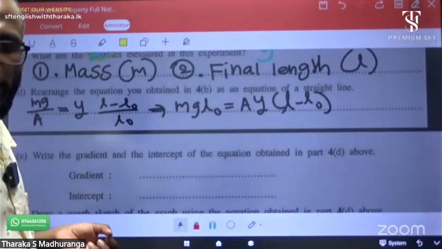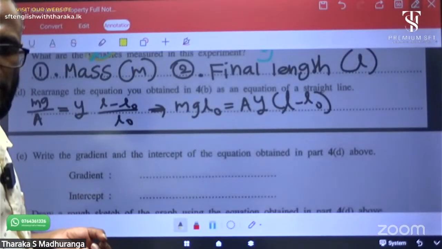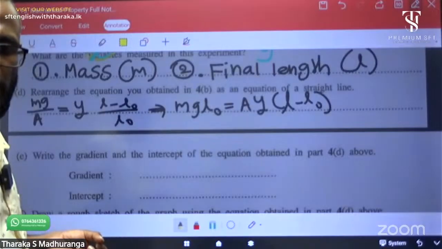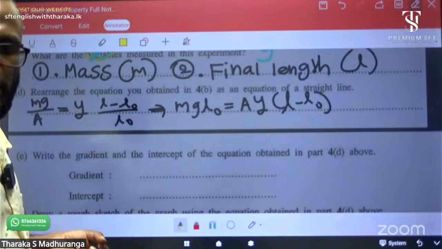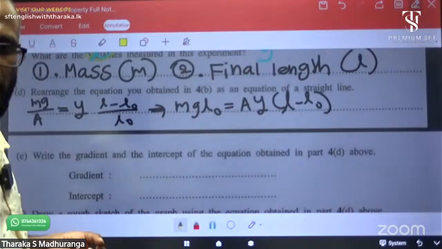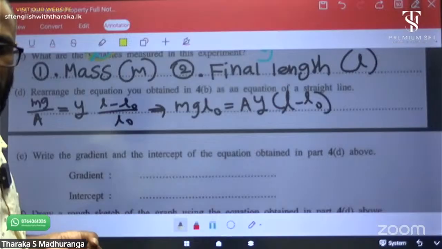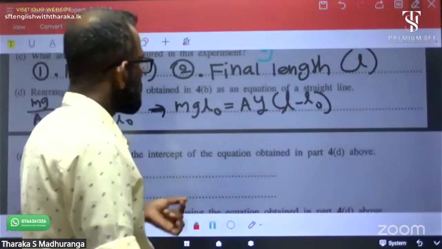Final length, we have to multiply, no? Yeah, we have to multiply.